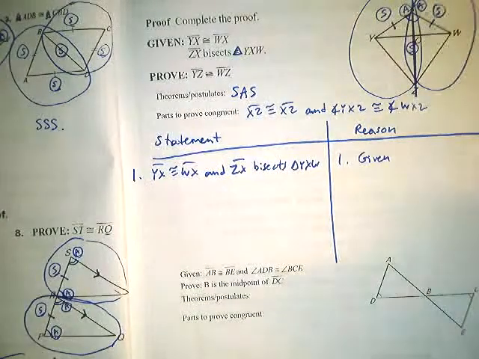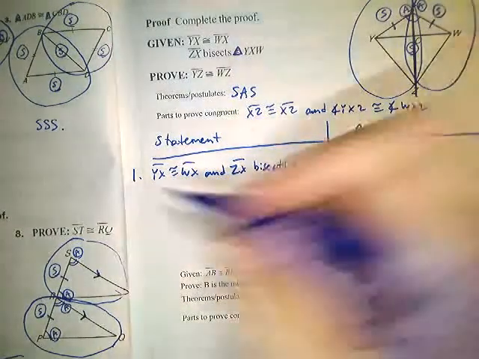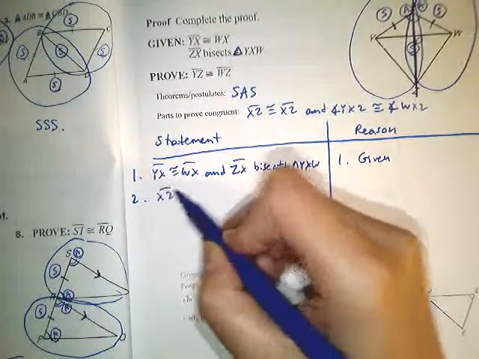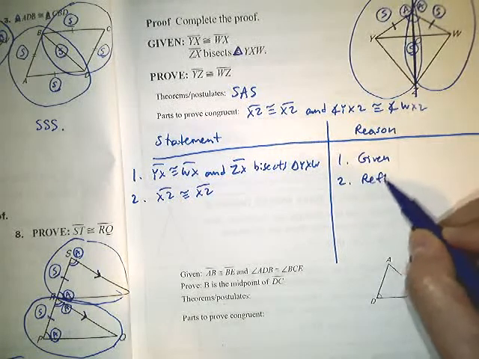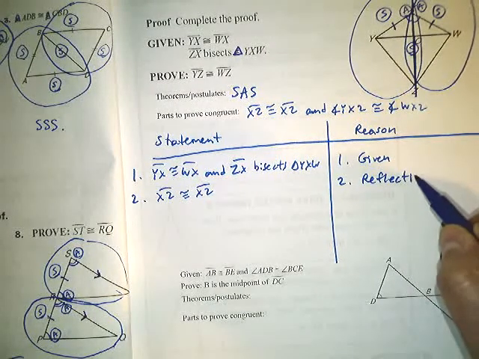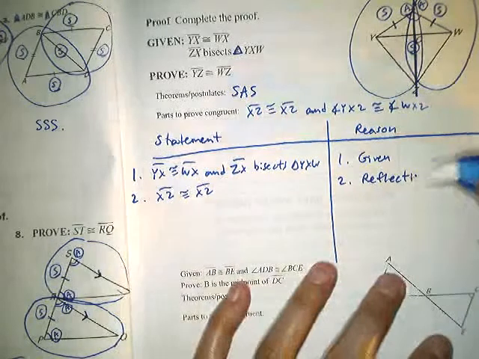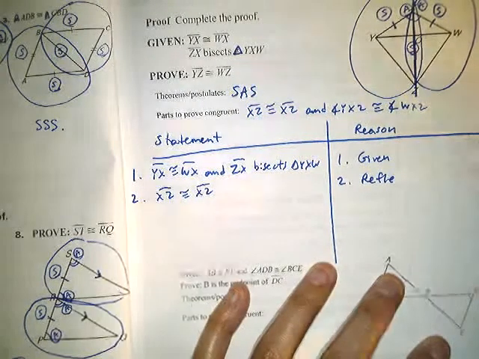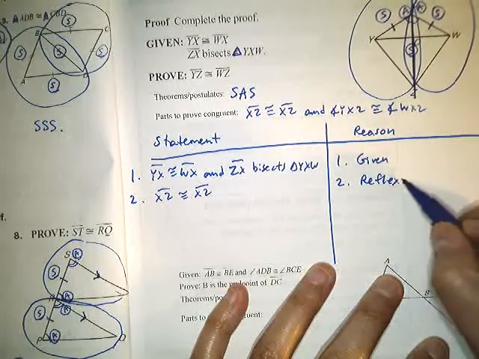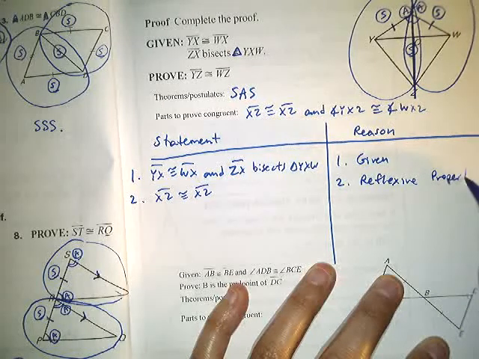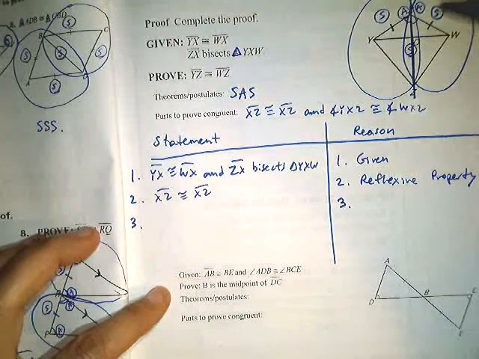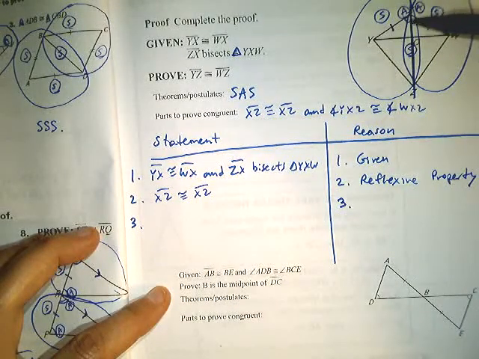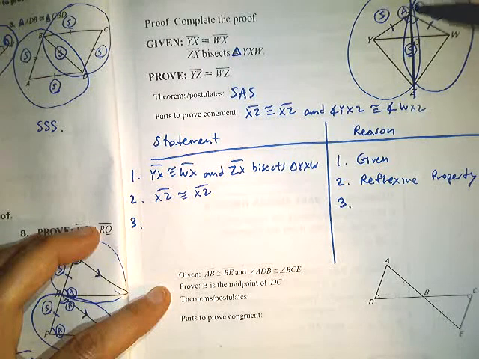Okay, what do we start with? Well, let's start with the easy one. XZ is congruent to itself. And that would be the reflexive property. It states that anything is always congruent to itself. And then I wanted to use the angle here because ZX bisects the whole triangle.